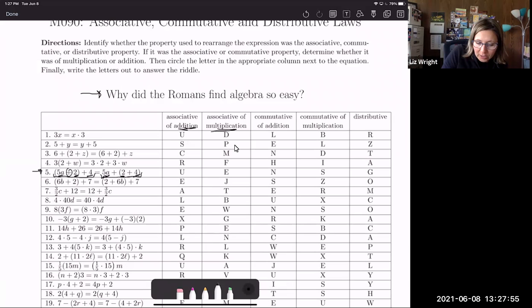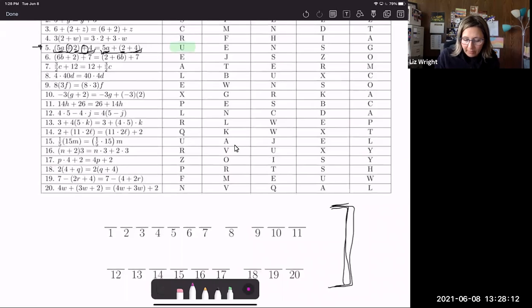So we've got addition, addition, and so it moved places across addition. So the answer is that we have associative of addition for that one. So then what that means is that number 5, let me write it down here. Number 5, we are going to write in, what letter was that? U.